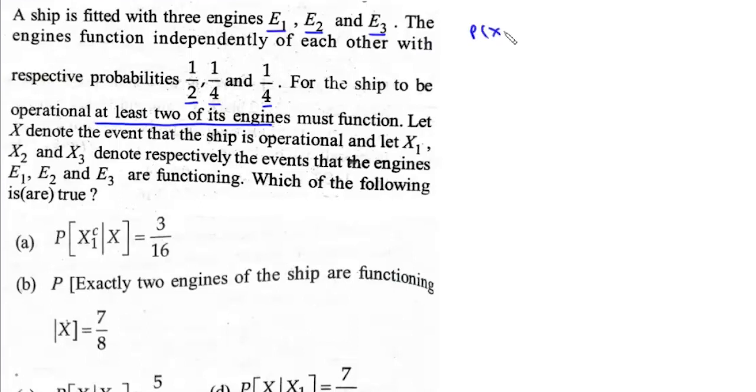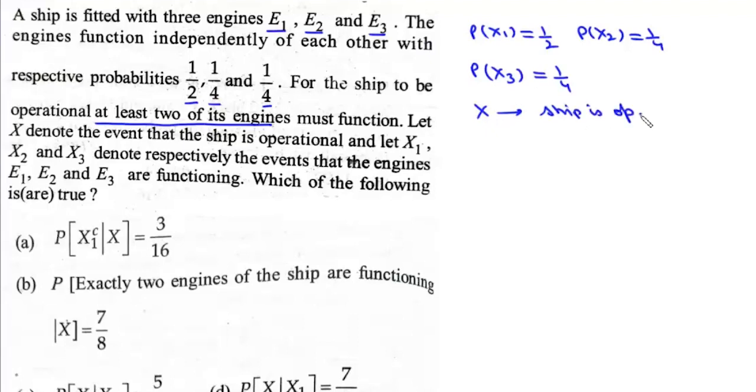Now we are given that probability of X1 is 1 by 2, probability of X2 is 1 by 4 and probability of X3 is also 1 by 4. Now X is the event that the ship is operational. The ship is going to be operational if at least 2 of the engines are functioning.